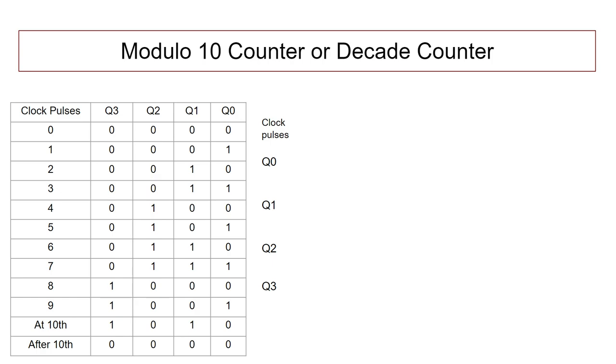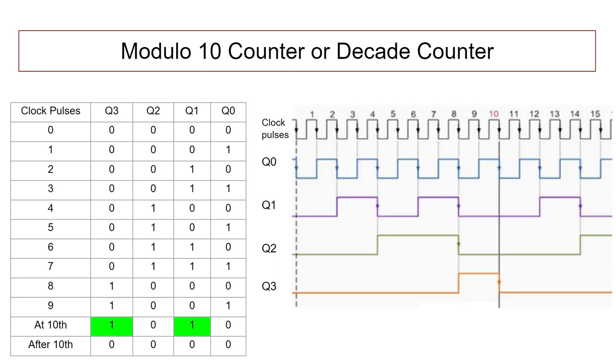So if we look at the timing diagram of the clock pulse and also the counter outputs, what we see is that the values of Q0, Q1, Q2 and Q3 are the same until the 9th clock pulse. At the application of the 10th clock pulse, the outputs Q1 and Q3 become 1.